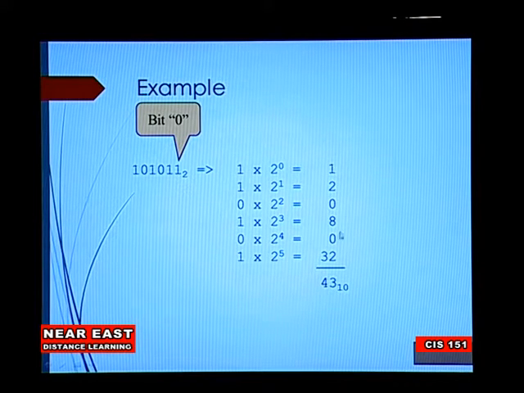So we add these numbers, and 101011 in base 2 is exactly equal to 43 in base 10, which is decimal. So this is how you convert from binary to decimal.